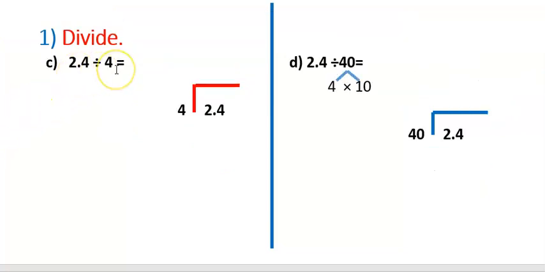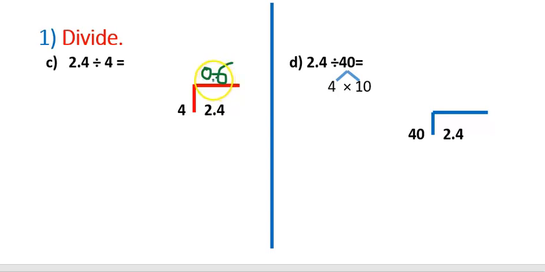2.4 divided by 4. How many times does 4 go into 2? 0 times. And put the decimal point up. Now I have 24. How many times does 4 go into 24? 6.